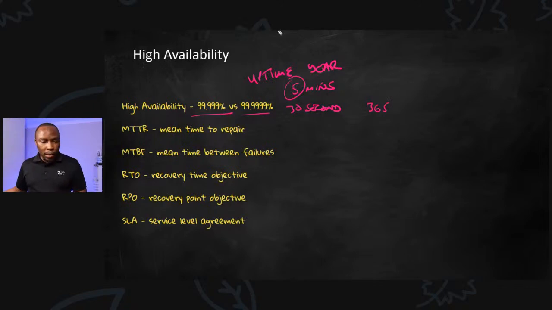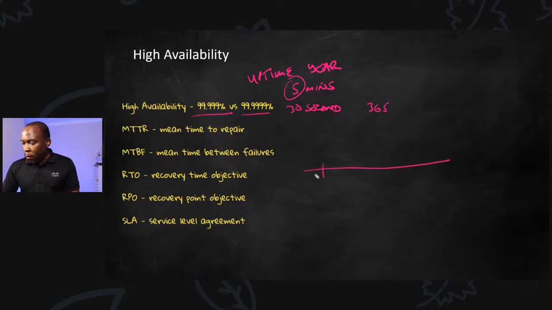Now, the next important value that you need to understand is what is known as the mean time to repair. The mean time to repair is basically measuring the time it takes to fix a failed component. So if we're looking at it from a time perspective, I'm just going to try and draw this.